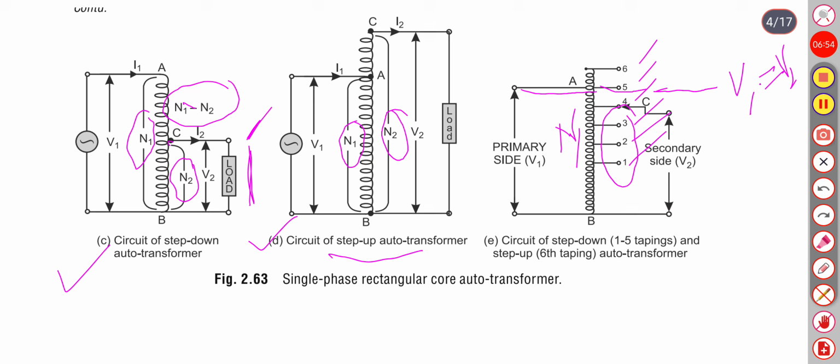And if the terminal C is on 4, 3, 2 or 1 terminal, then V2 will be less than V1. And if C point is connected to this taping 6, then V2 will be greater than V1. Thus the auto transformer works like a step down or step up transformer.